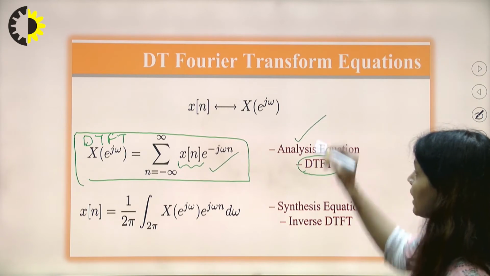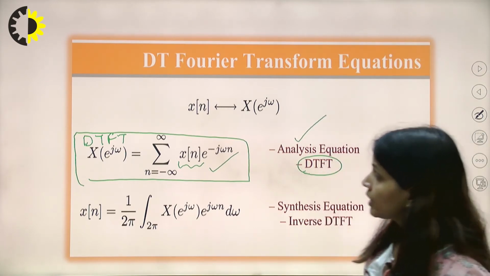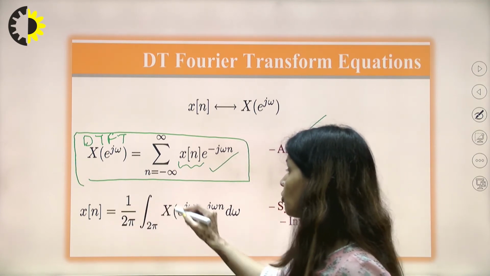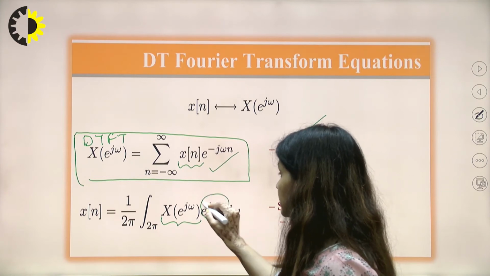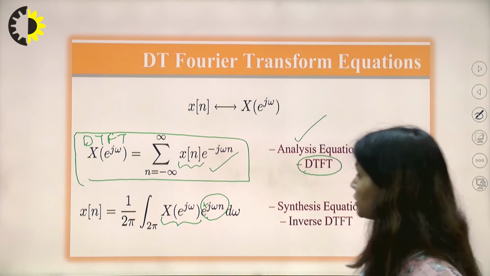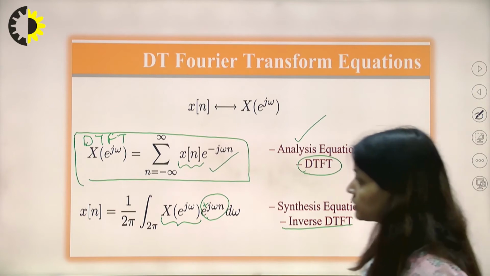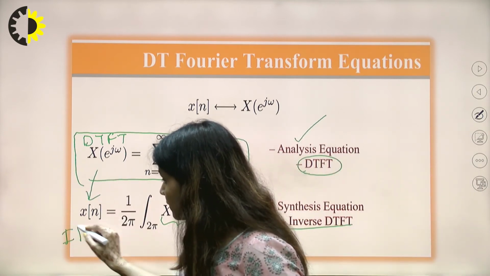This is known as the analysis equation. And similarly for x[n], 1 upon 2π over the whole period of X(e^jω) times e^jωn dω. Here it is a point to be noted that this term is positive, and this will give me the inverse DTFT, that is, this will give the x[n] back.